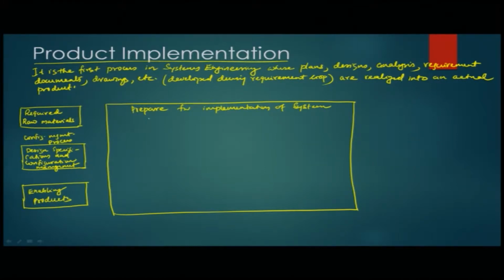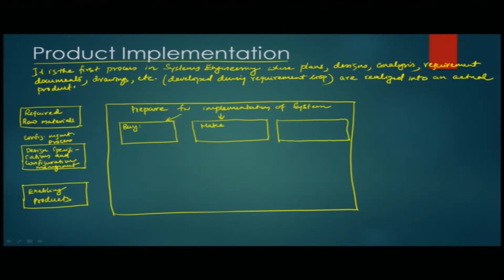The first option is buy. The second option is make, and the third option is reuse.